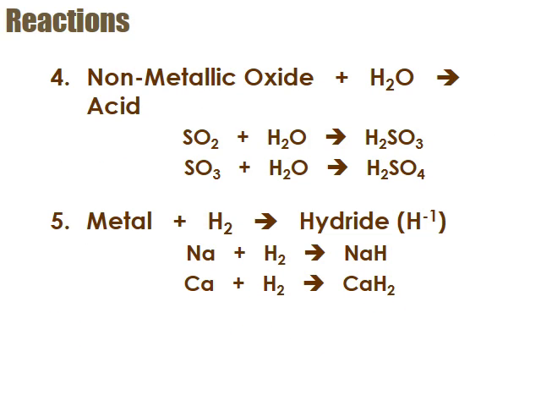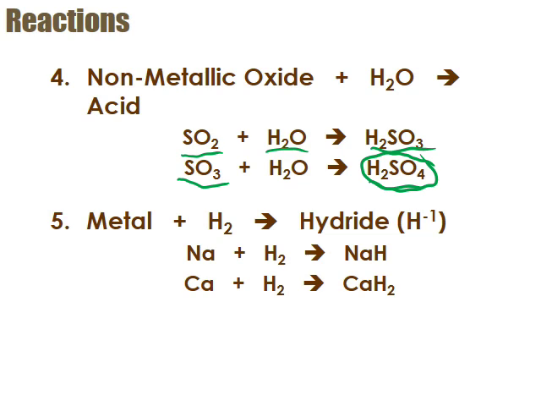A non-metallic oxide, on the other hand, would give you an acid. Sulfur dioxide in water gives sulfurous acid. Sulfur trioxide with water gives sulfuric acid. And that's the cause of acid rain, because in rainwater we often have sulfuric acid, because in the atmosphere we often have sulfur trioxide coming from industrial pollution.